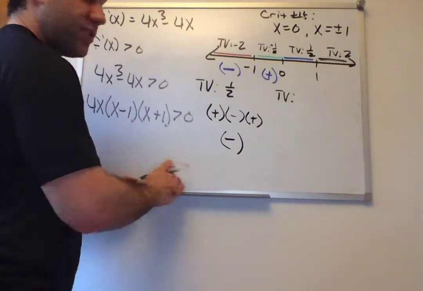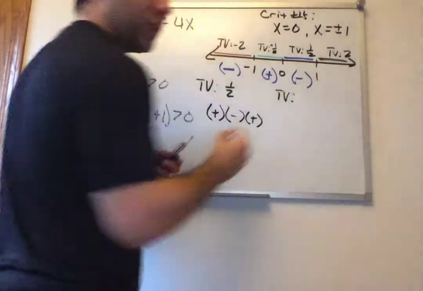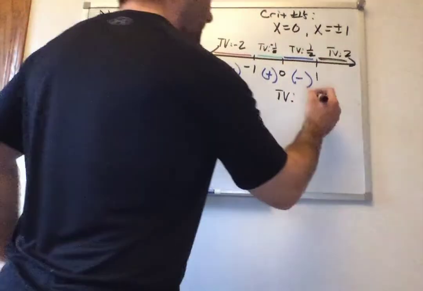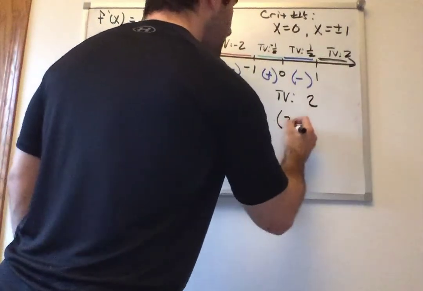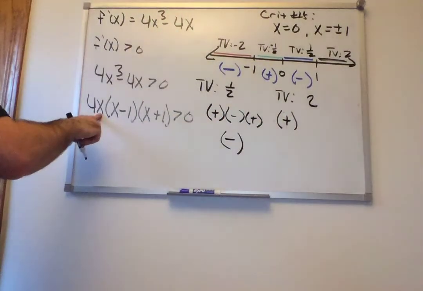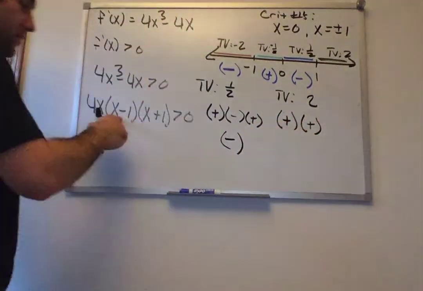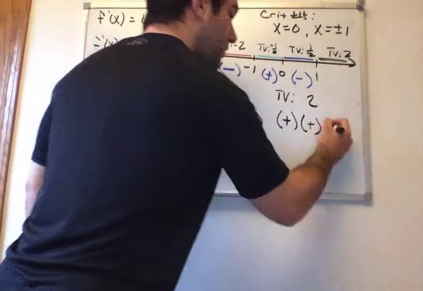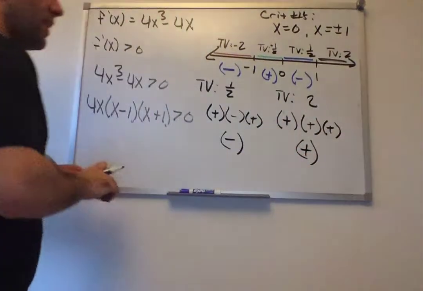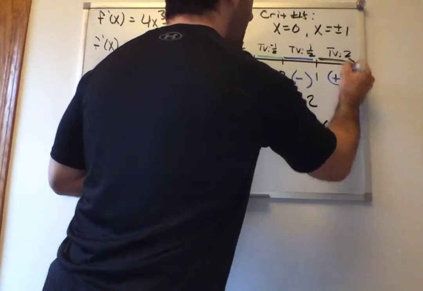So on this third interval, we have a negative number. Now the last test value, 2, well, plugging in the first piece, positive number here is positive. 2 minus 1, well, that's positive. 2 plus 1, that's 3, that's positive. All positives, that's going to be positive. So on this interval, we've got a positive number.